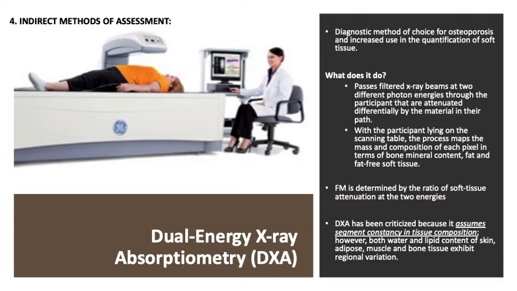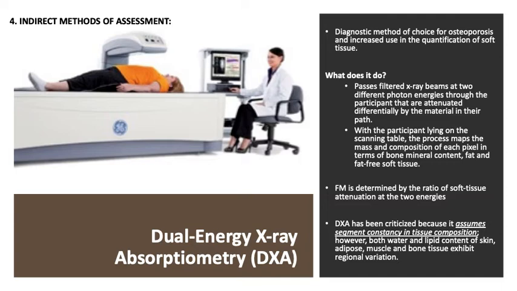The density of the tissue determines how well those photons move through it. So with the participant lying on the scanning table, the process maps the mass and composition of each pixel in terms of bone mineral content, fat, and fat-free soft tissue. Fat mass is determined by the ratio of soft tissue attenuations at the two energy levels.